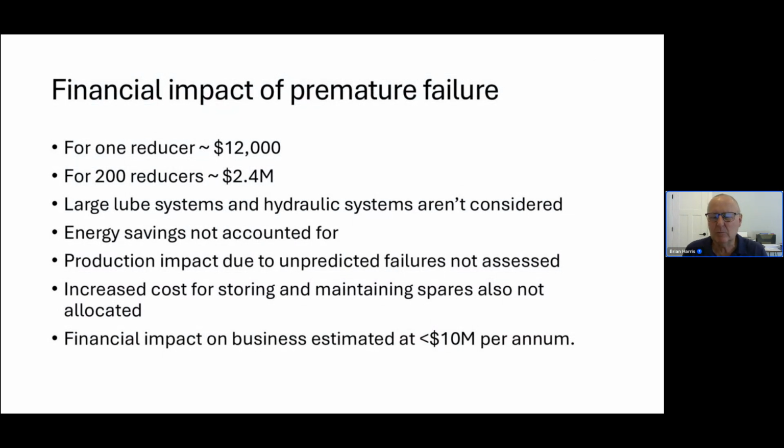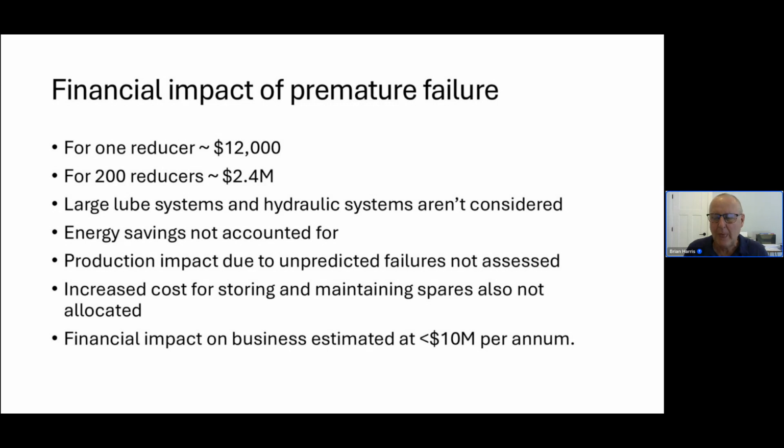Production impact: when you pull a spare out of the warehouse and install it, there's a thing called infant mortality. It may not work as intended, so then you get into additional downtime because you've upset a stable system. You can't assess that, so I haven't included it. There's also an increased cost for storing and maintaining spares. Storing anything costs money. You've got to maintain it and allocate space to it.